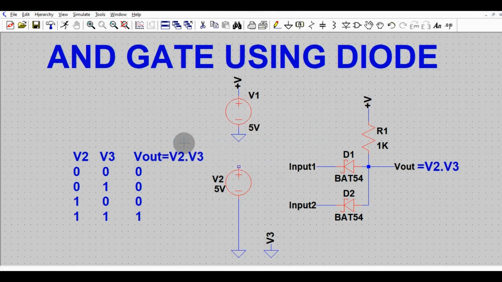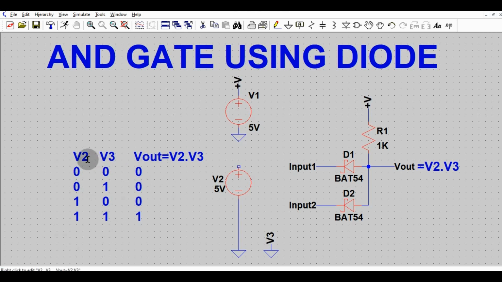So if both inputs are low, the AND gate output is low. If both inputs are high, the AND gate output is high. If either one input is low, the output is low. Hope you understand this truth table.